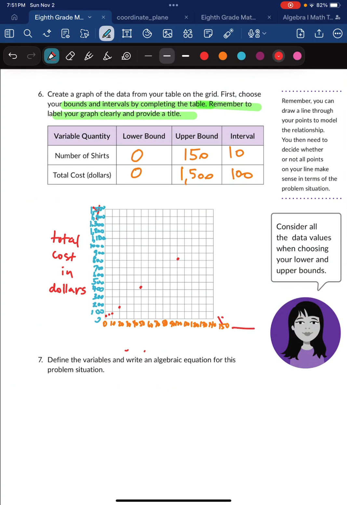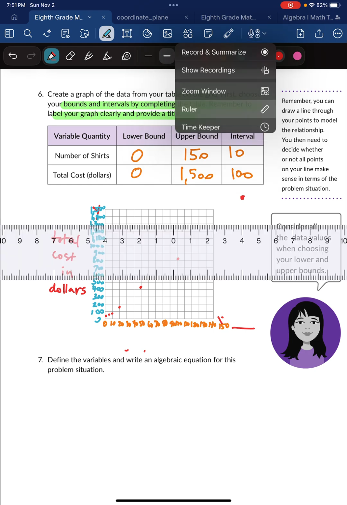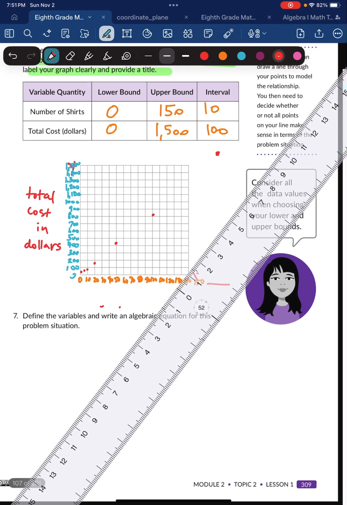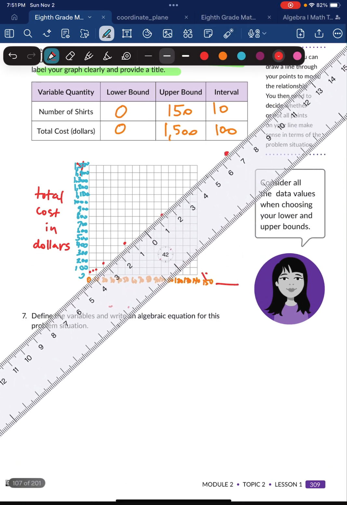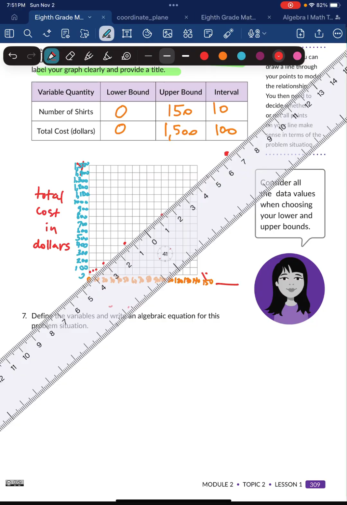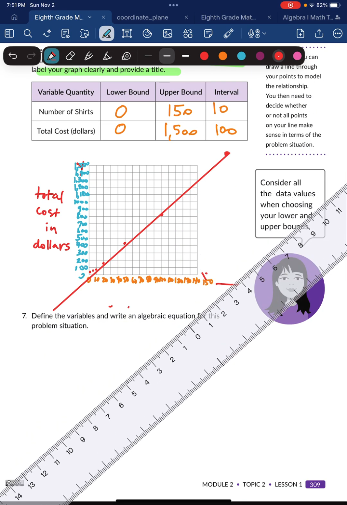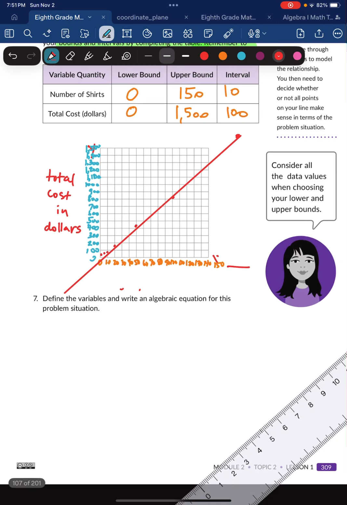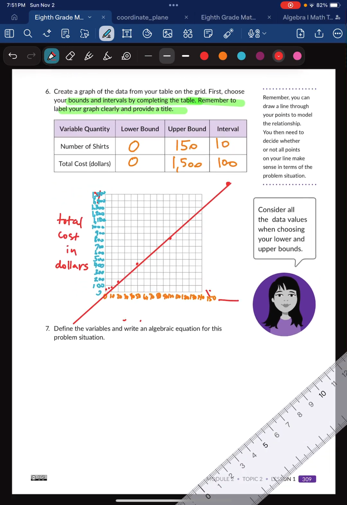So that was going to be somewhere around here and somewhere up here. So now I'm going to graph that all together, or connect the dots. And it will look like this, kind of. Okay, define the variables and write an algebraic equation for this situation.